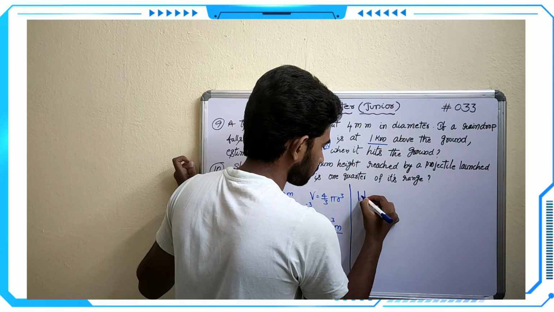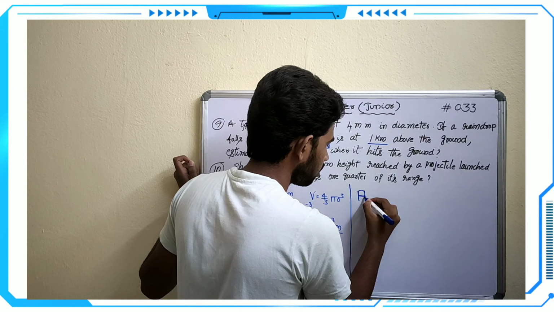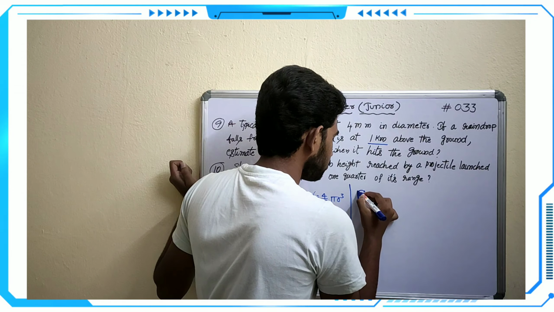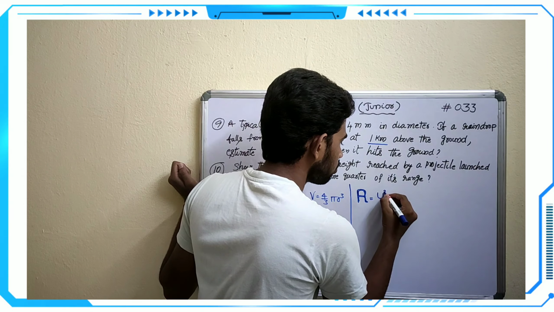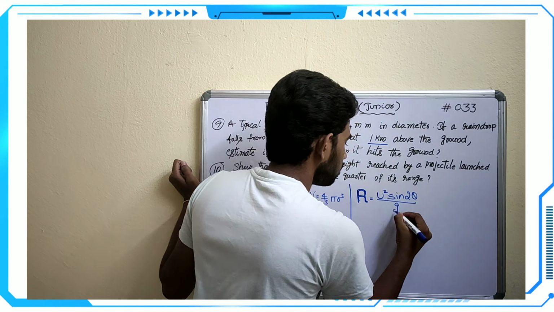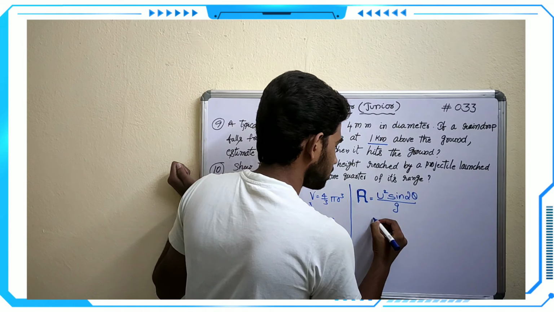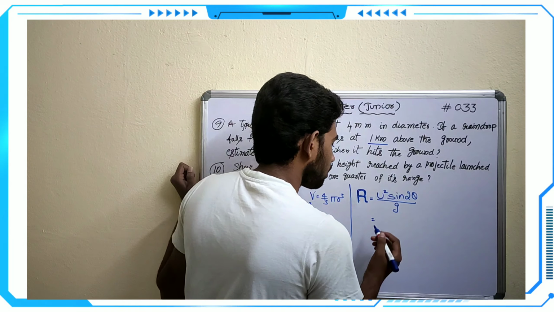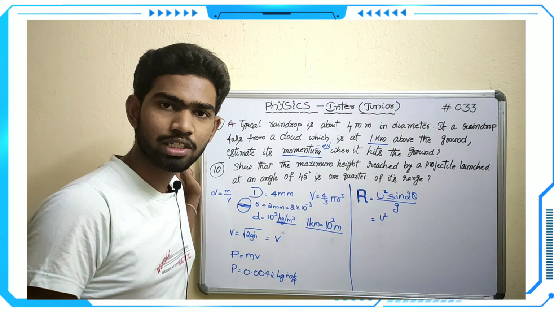Firstly we write the range, R equal to U square sine 2 theta by G. G and U are constants.